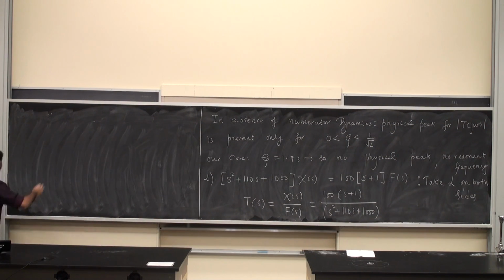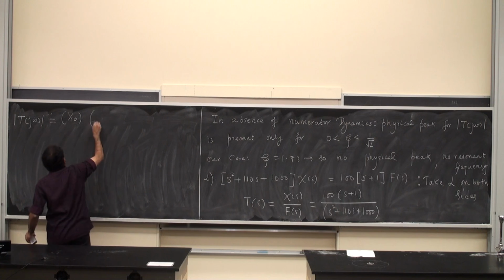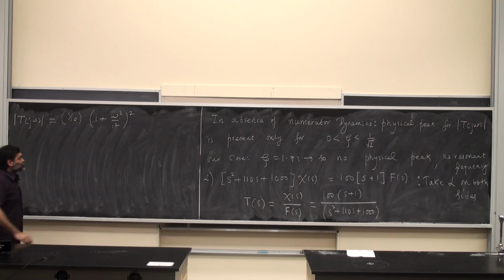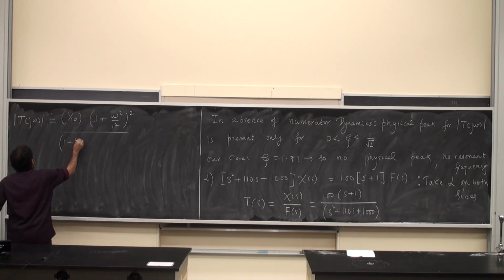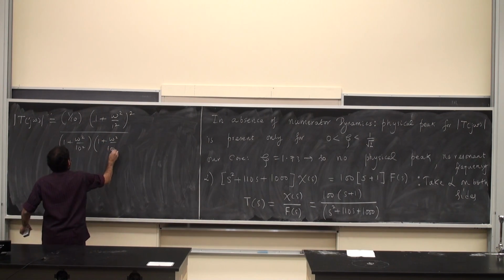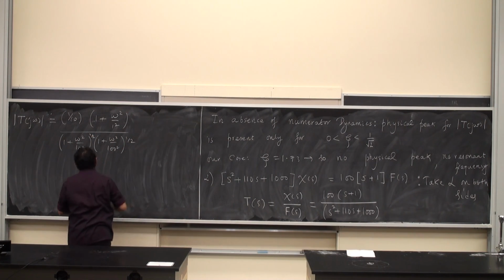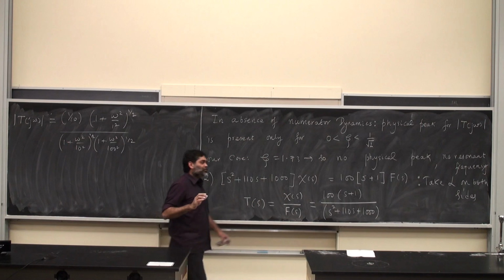Alright, so magnitude of T of j omega is 1 by 10, omega square by 1 square whole square by 1 by 2, I'm sorry, this is a 1 by 2. Okay, so these are the magnitudes. And if you want, you can also write it in the following manner.